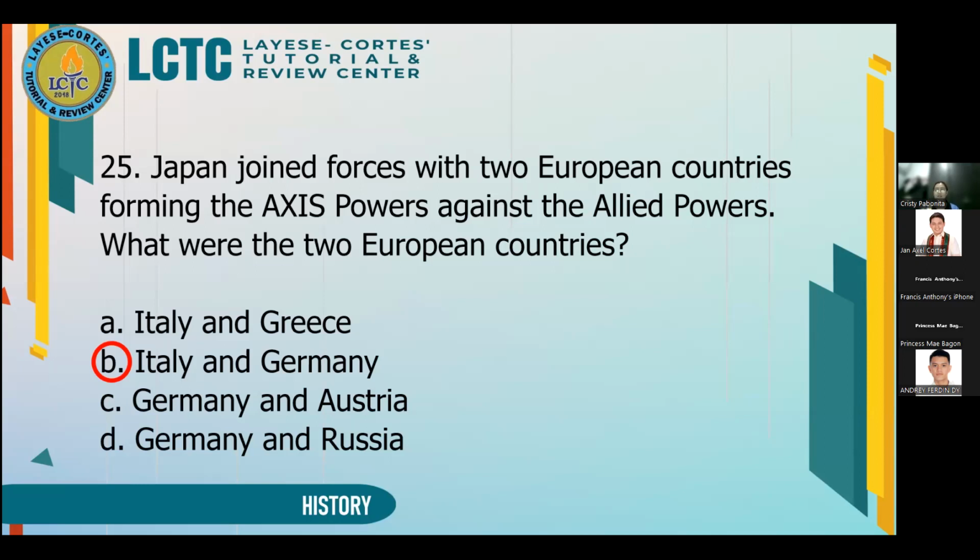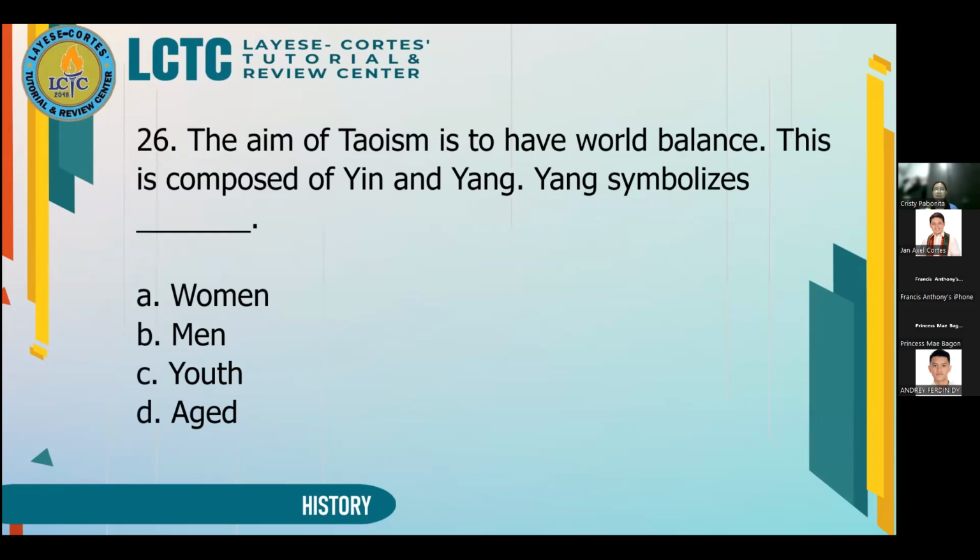Okay. Next is 26. The aim of Taoism is to have world balance. Taoism is one of the religions in, yin and yang, Japan, right? Or China? I forgot, I'm confused.